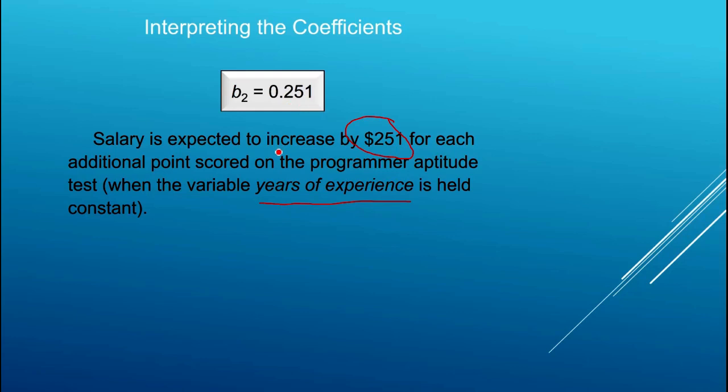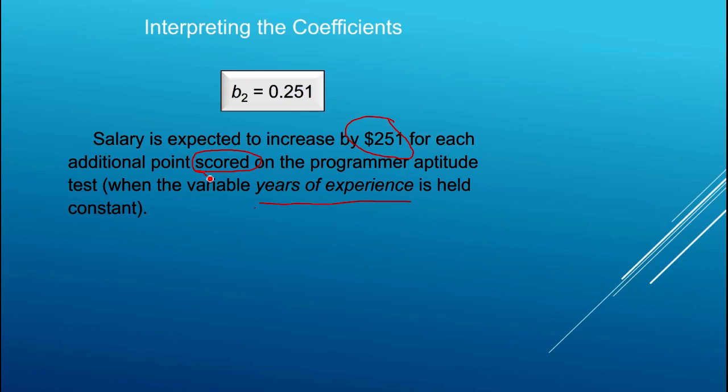Now I'll say this also. Let's say you want to understand the relationship between B2, which is the test score, and salary. Maybe you're not really all that interested in the relationship between experience and salary. You really want to know the relationship between test score and salary.